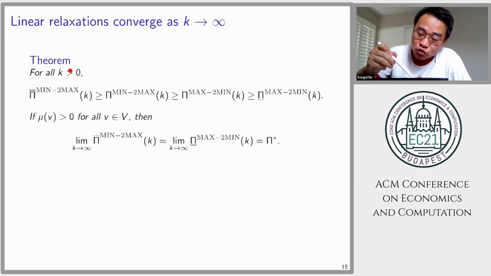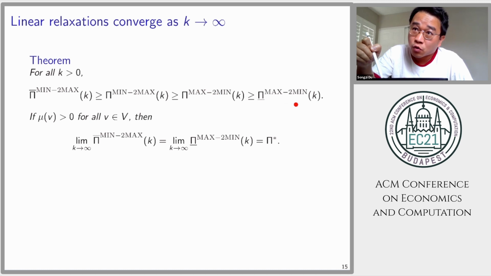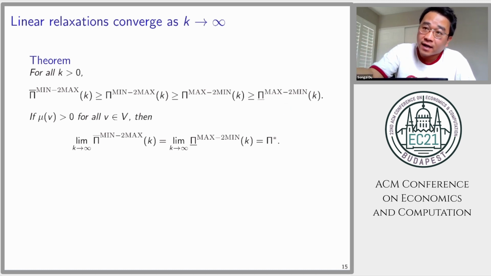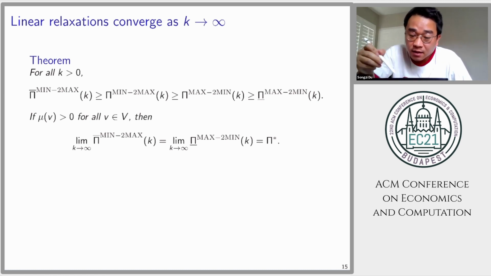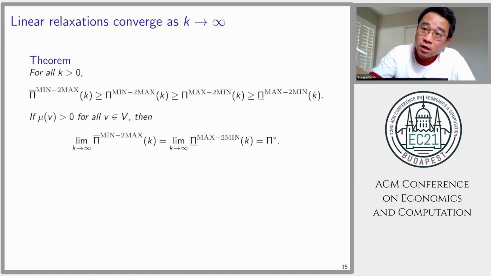So that is the claim. As k goes to infinity, first of all, for any fixed k, they are relaxations. For min to max, we get an upper bound. For max to min in the first program, we get a lower bound. That is valid for any finite k. But as k goes to infinity, these two linear relaxations will converge to each other.